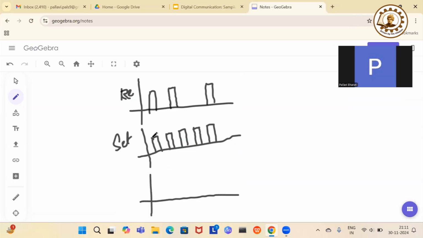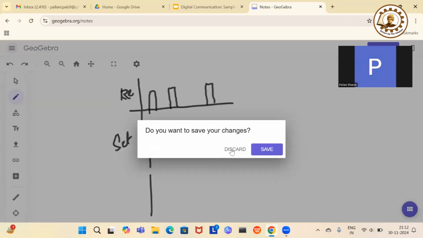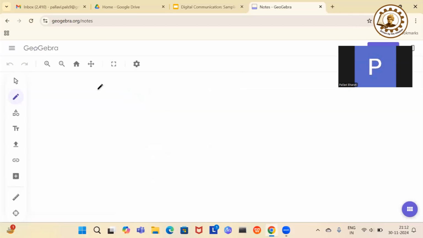Whenever the reset is coming, it is going to be 0. So wait a minute, I'll just redraw it. So here you have the PPM pulses.